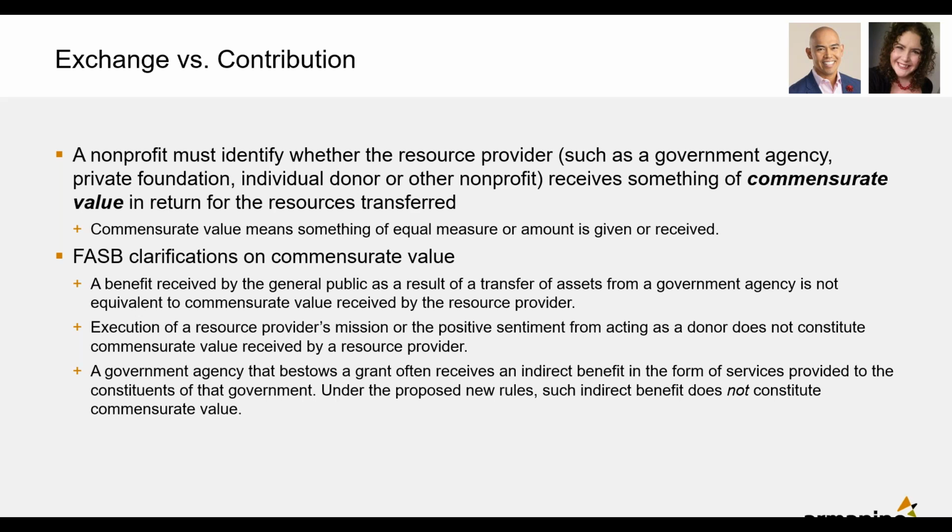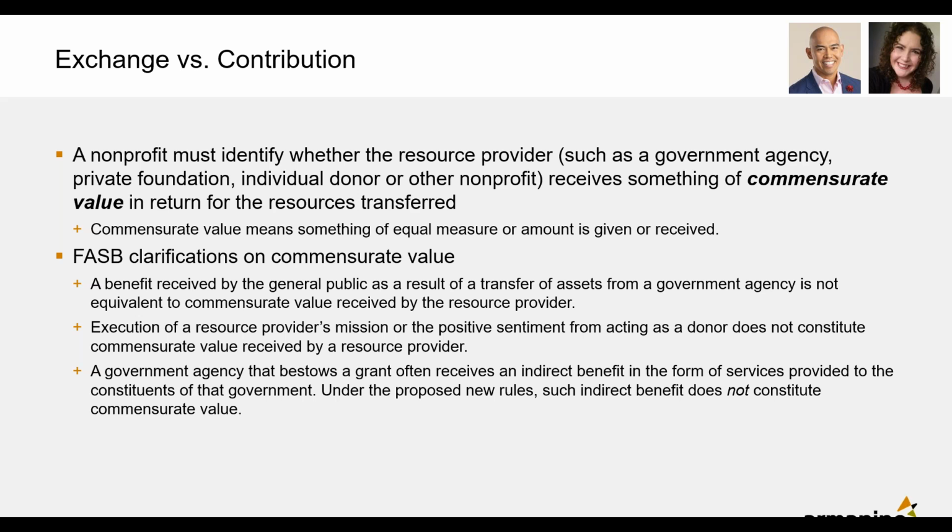So they've now defined what commensurate value is, and they have specifically defined also what it is not. A benefit received by the general public as a result of a transfer of assets from a government agency is no longer going to be considered an equivalent to commensurate value received by the resource provider. That makes it such that any government grant is no longer considered an exchange transaction.